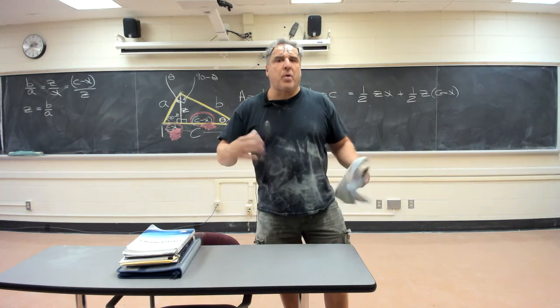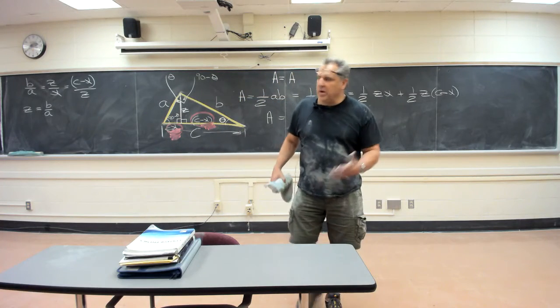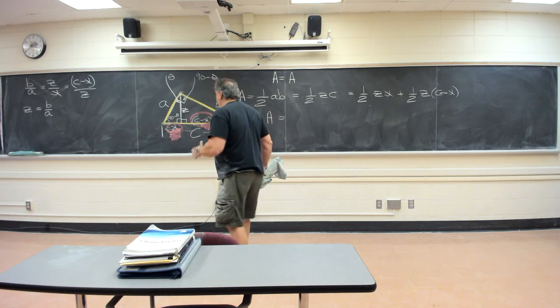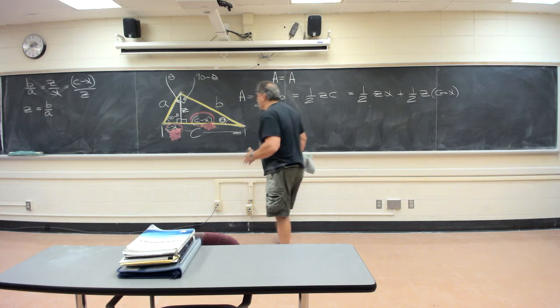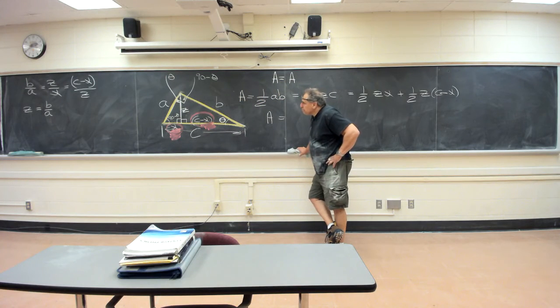C equals the square root of the sum, a squared plus b squared. But if I don't know that, I'm going to work without really looking at the hypotenuse per se.